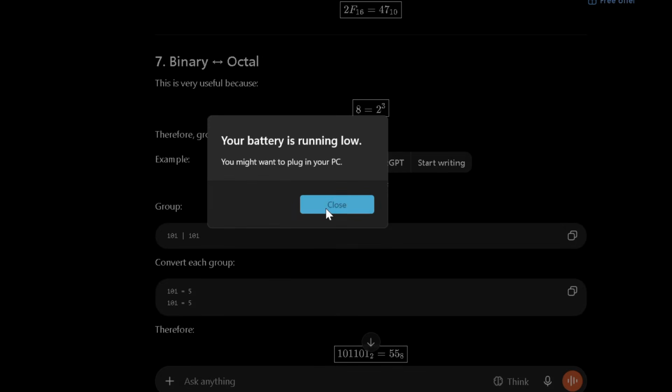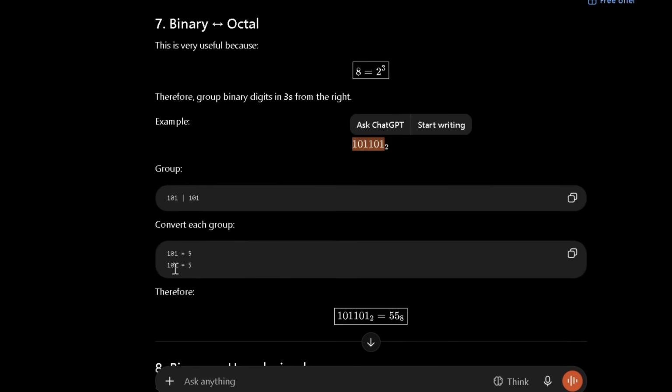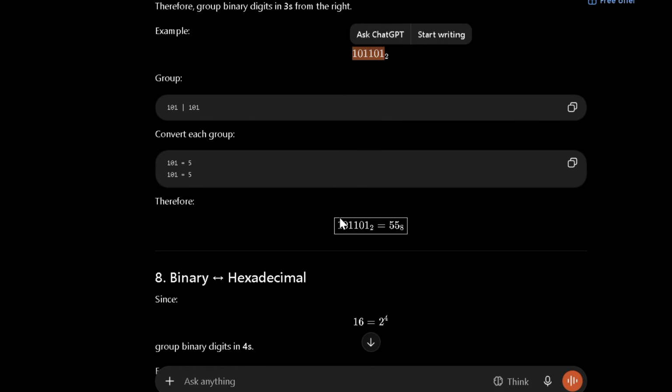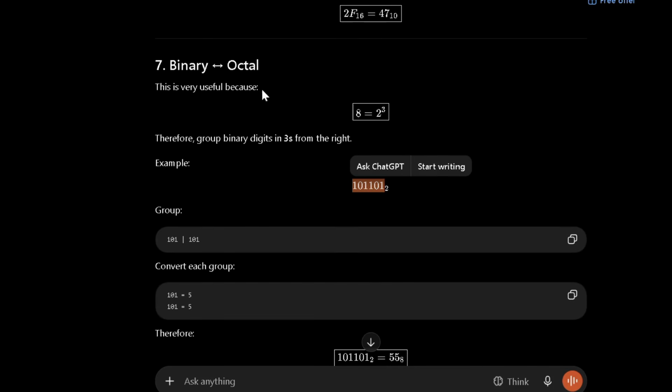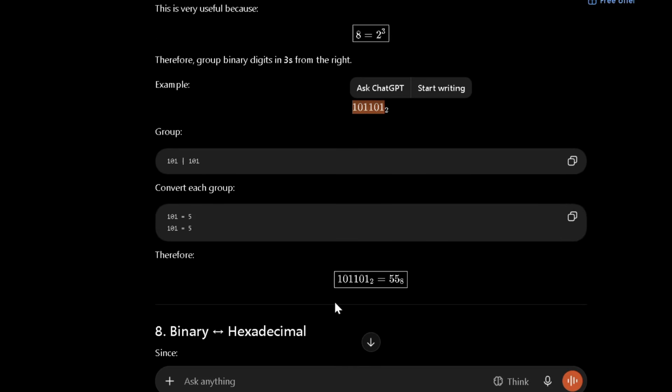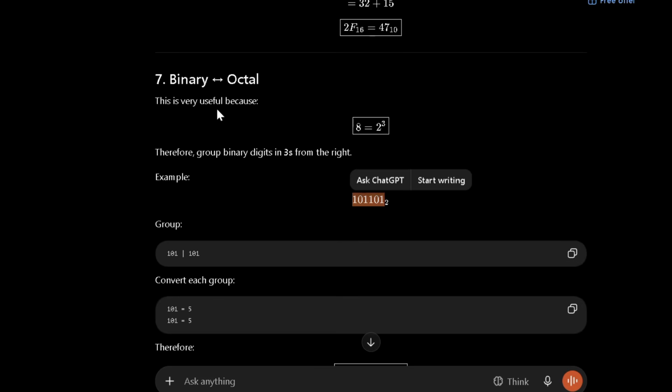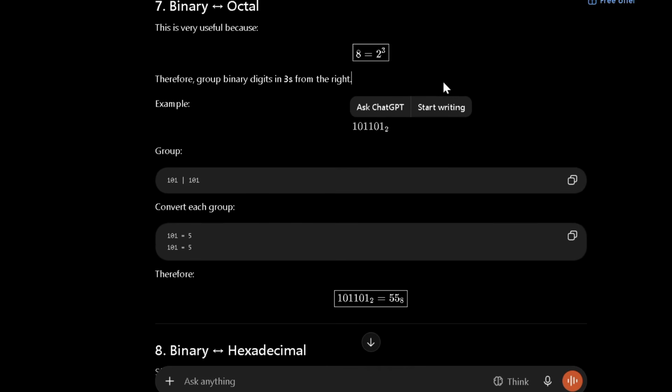The 101 value in binary is 5. So we get 55 base 8. We converted binary into octal using the logic that 8 equals 2 power 3, three-digit sets.